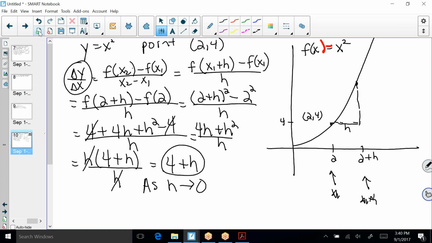That's our slope. And we're looking at the slope of this curve at this specific point in this example. So the slope is going to be equal to 4 as h gets really, really small.